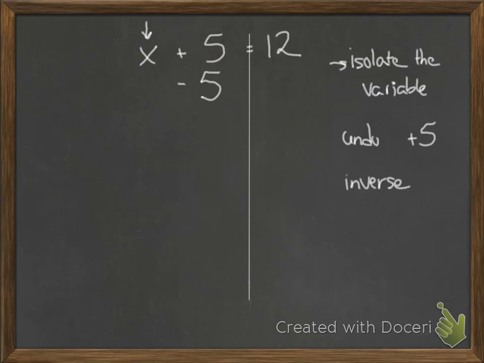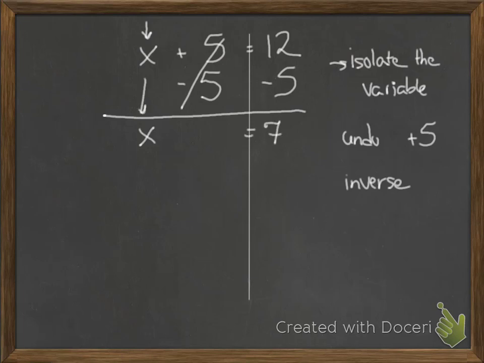Now notice I have this vertical line to help me keep track of the two sides of the equation. So I have to subtract 5 on the left side, and I also have to subtract 5 on the right side. When I do that, I can see that these 5's cancel out. We just bring down our x, and 12 minus 5 is 7. So the final answer to this problem is that x equals 7.